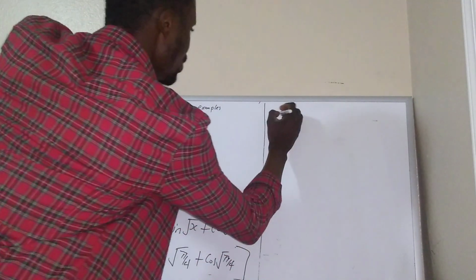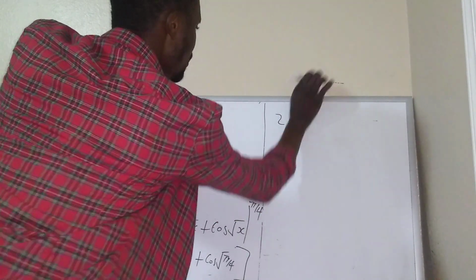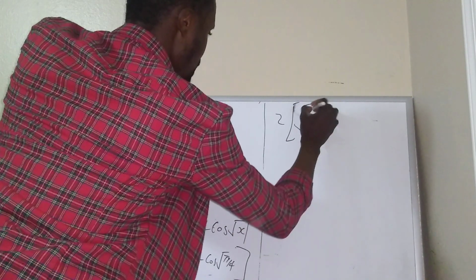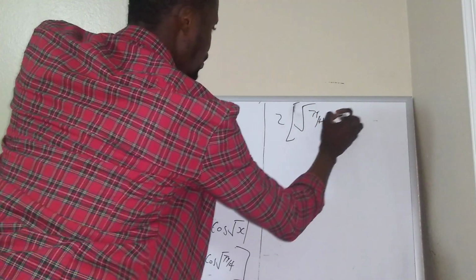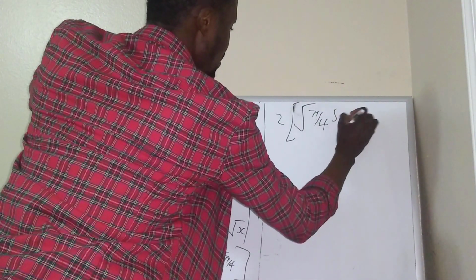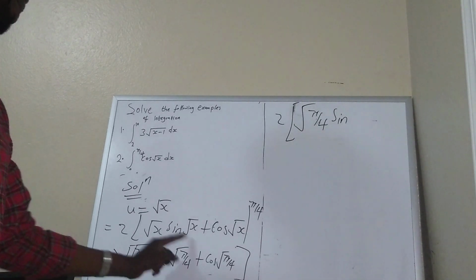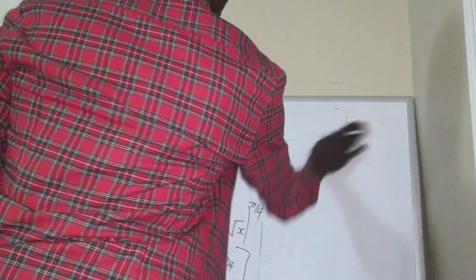So here, 2 bracket open, pi on 4, then you can see that here you get something like this. So you just use the calculator to enter and you get your final answer. Thank you.